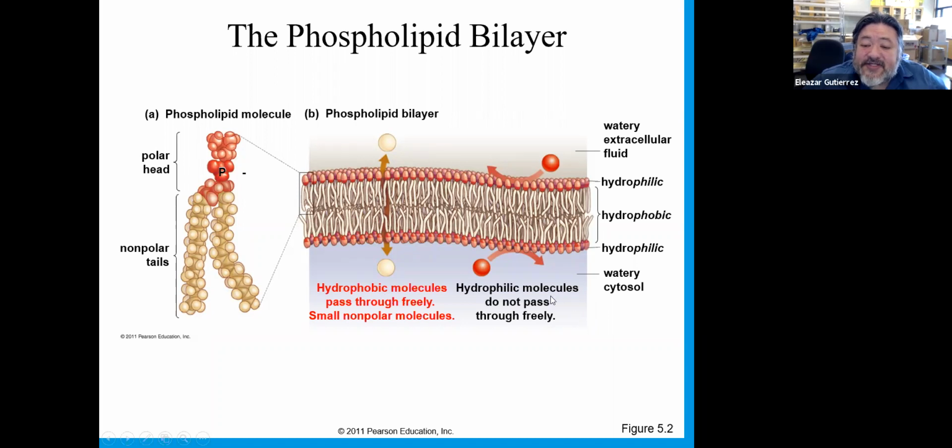By contrast, if you're hydrophilic, in other words a charged molecule, sugar, ion, whatever, you're not going to make it through. You might get through the polar heads, but as soon as you get a little bit in, the hydrophobic environment is going to push you back out. So hydrophilic molecules do not pass through freely.